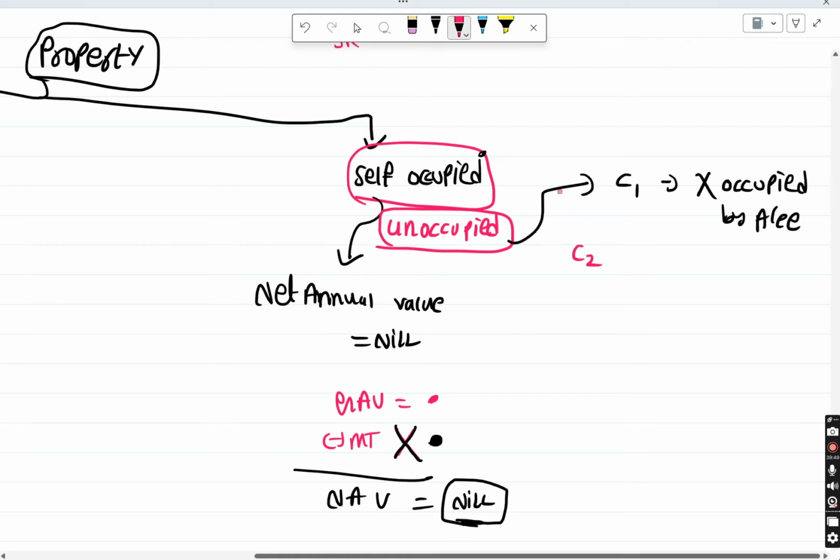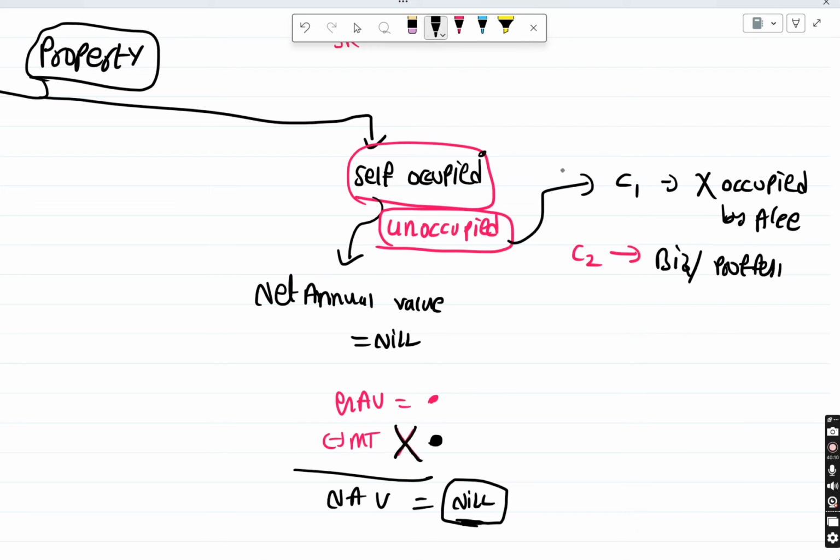Condition 2: why did you not occupy the house? Because of your business or profession or employment in another city.